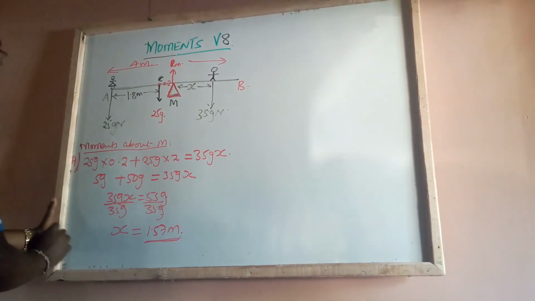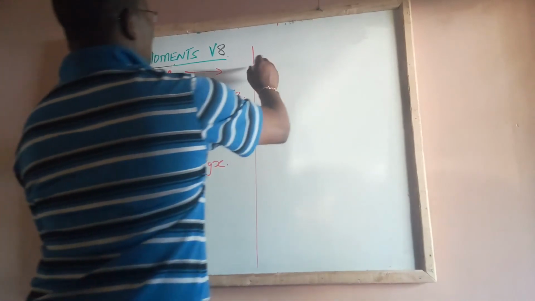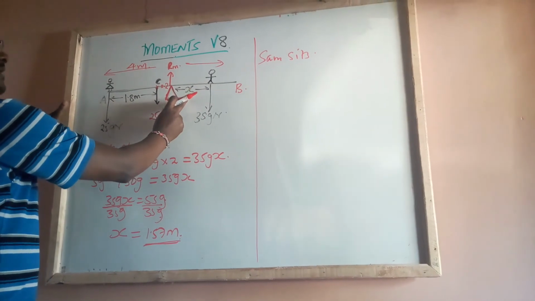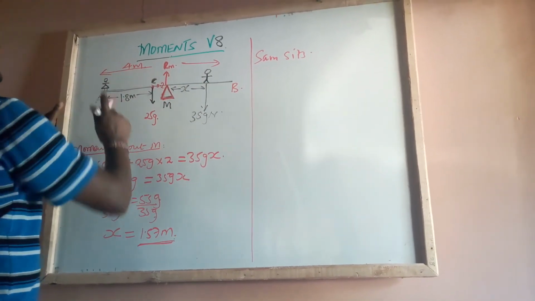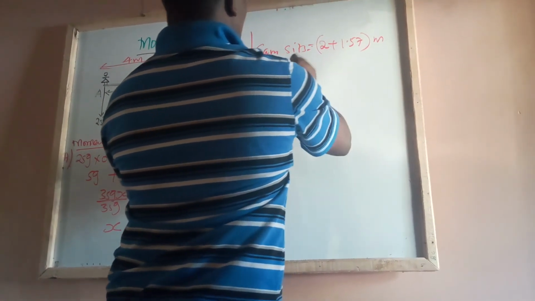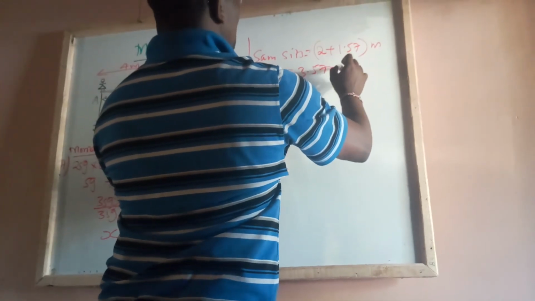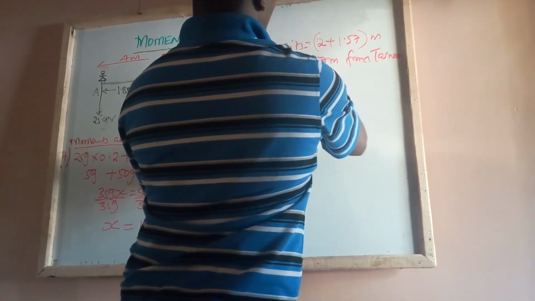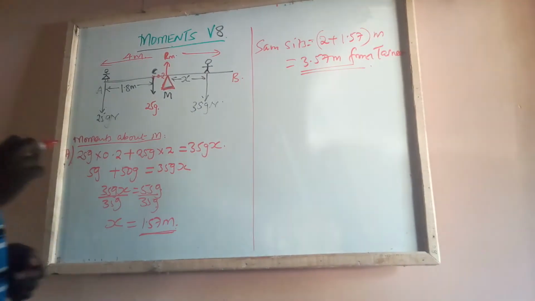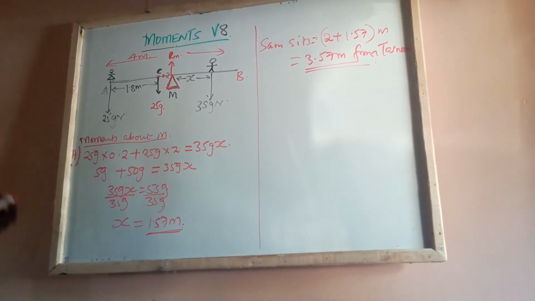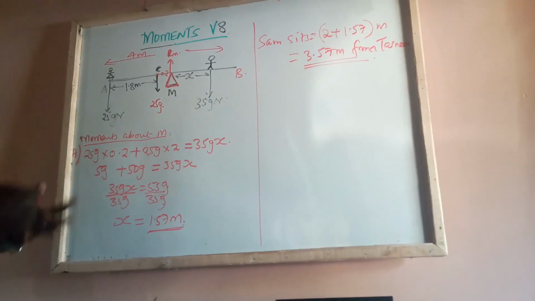You can also say that Sam sits 2 plus 1.57 meters, which is 3.57 meters from Tasneem. So you can give this answer in many formats; the moment you have found your x, you can give your answer depending on what you had taken your x originally to be. Those answers are all correct. All right?